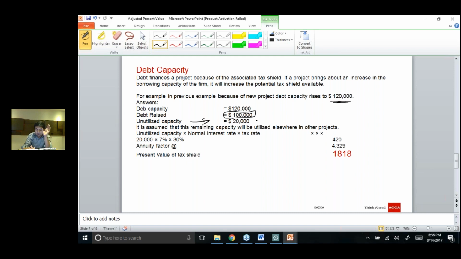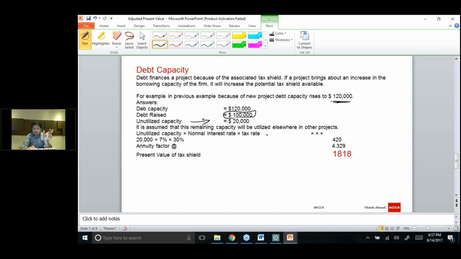And you are already familiar with the MM theory, Modigliani and Miller theory. That is, take the maximum amount of loan, because on every new borrowing you will get tax saving on interest payment. So you take an assumption that this remaining capacity, the $20,000, will be utilized elsewhere in other projects.